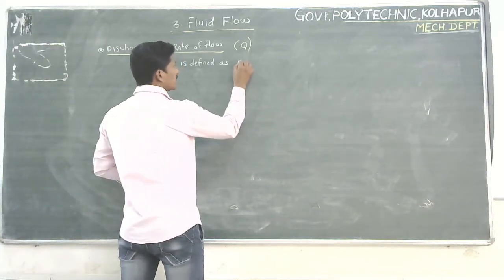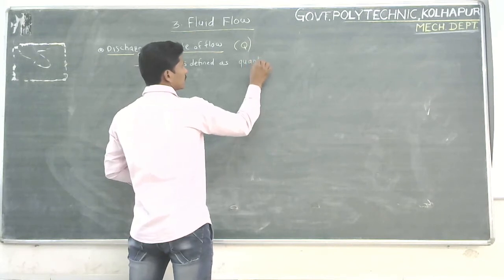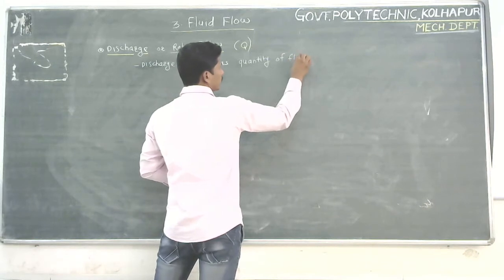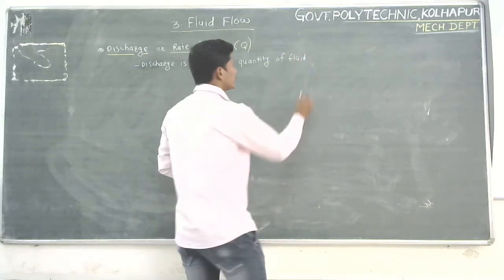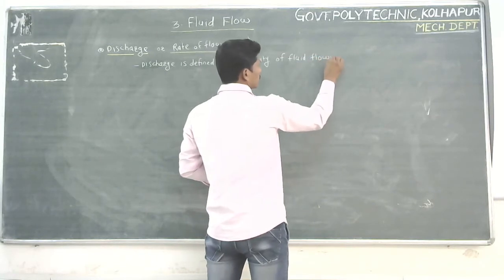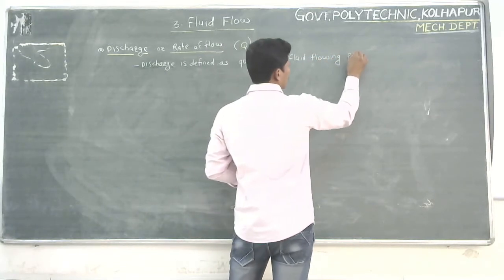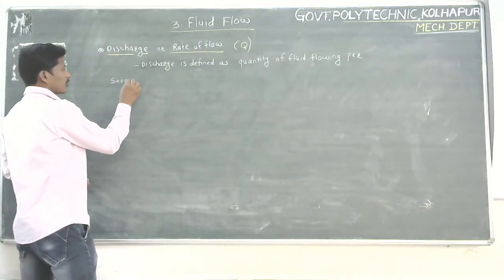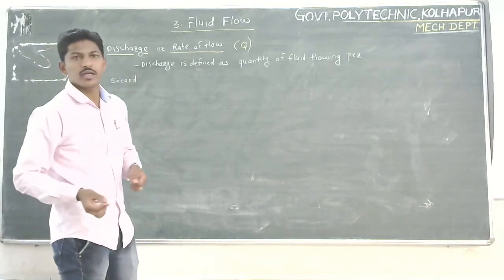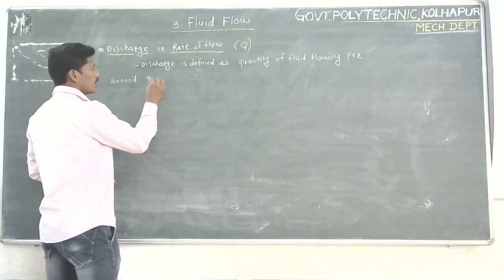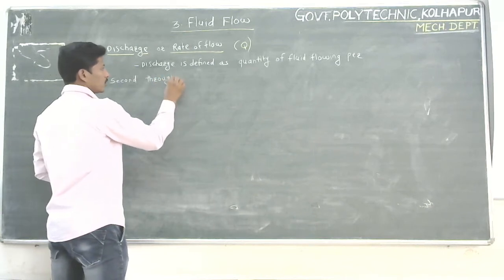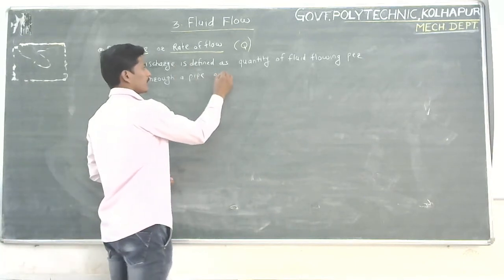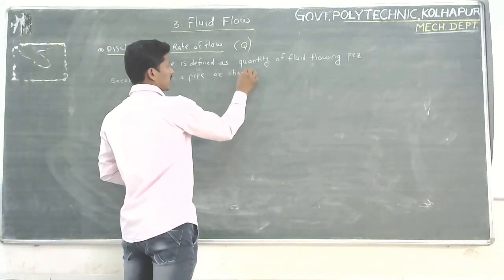Discharge is defined as the quantity of fluid flowing per second, or you can say per unit time, through a pipe or channel.